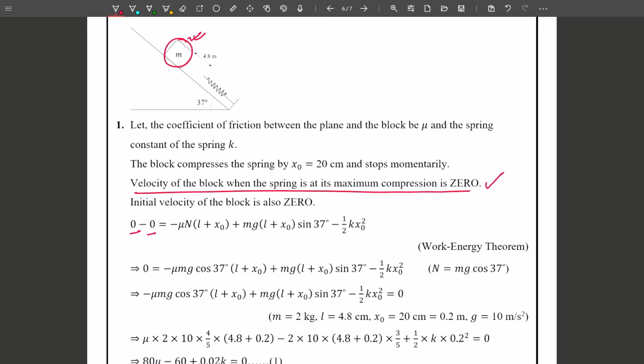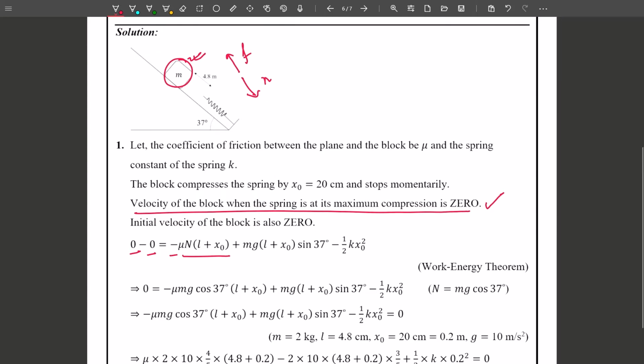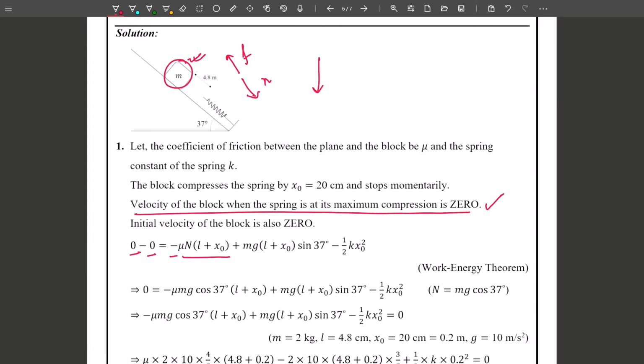Now look at this. Who is doing the negative and positive work here? Friction. Displacement is in this direction, friction is in this direction. So friction is doing negative work, minus mu N, where mu is the coefficient of friction. Now see gravity. Gravity is in this direction and the displacement is in this direction, mg and displacement L plus x naught.